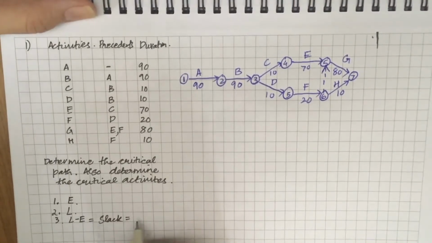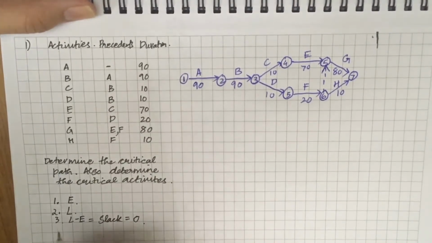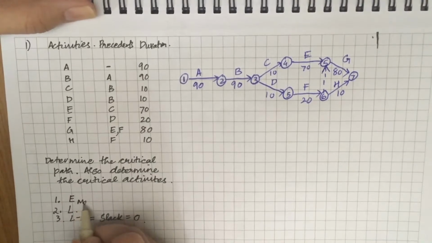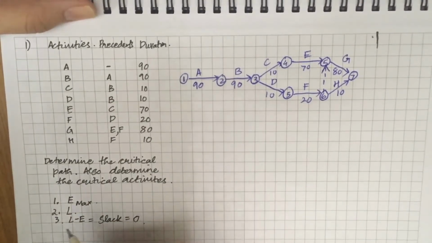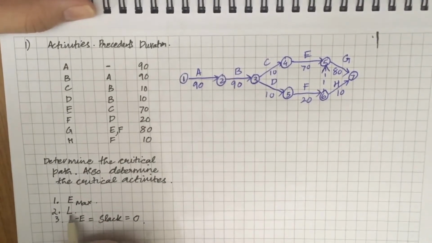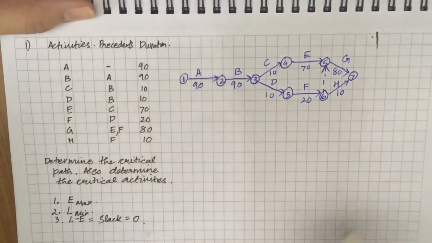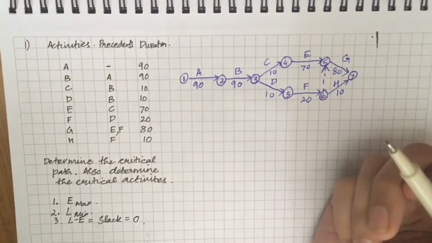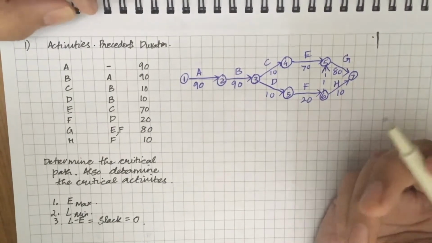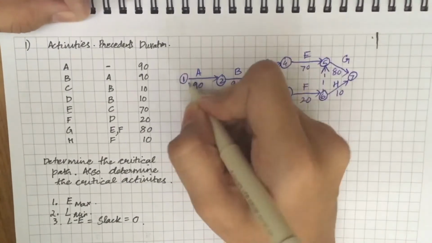Wherever the slack is 0, it is a critical event. Now E has to be taken as the maximum of the possibilities and L should be the minimum. We'll start with calculating the E with the forward pass method.